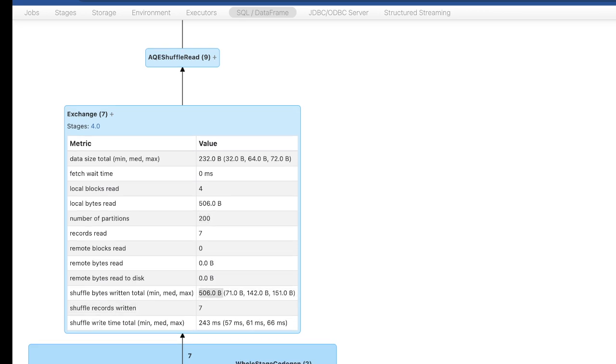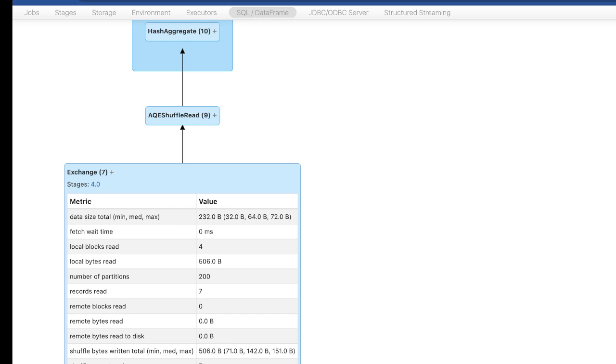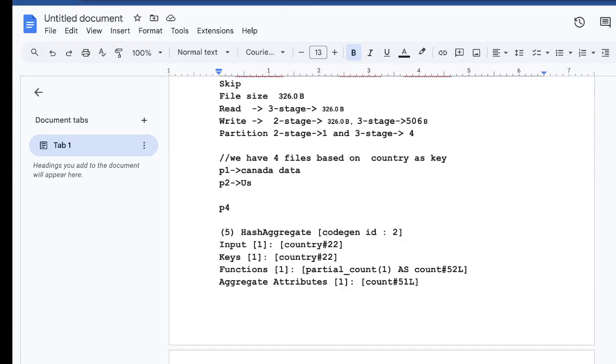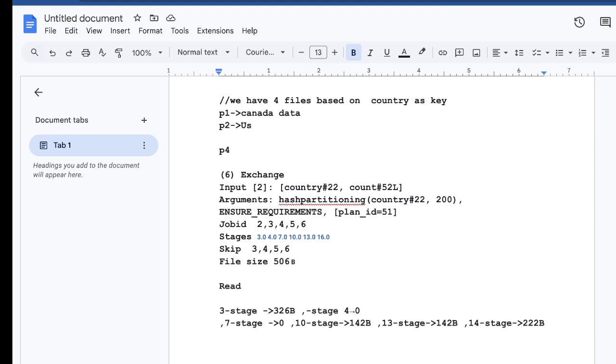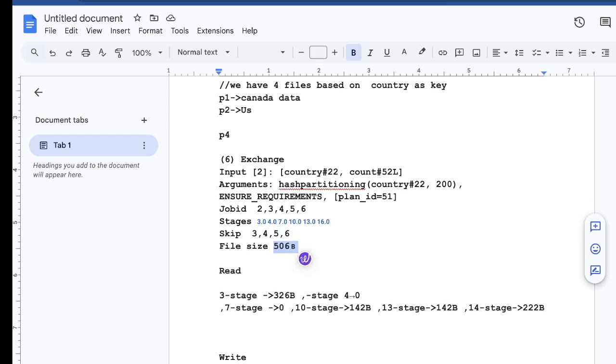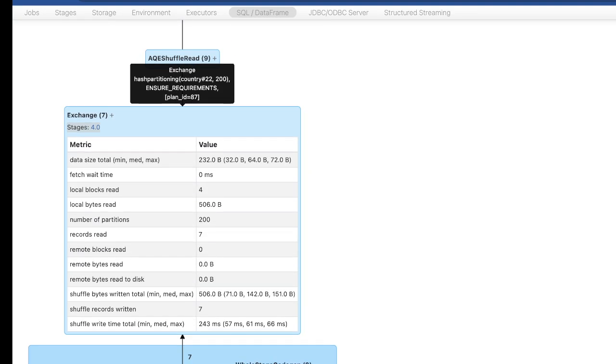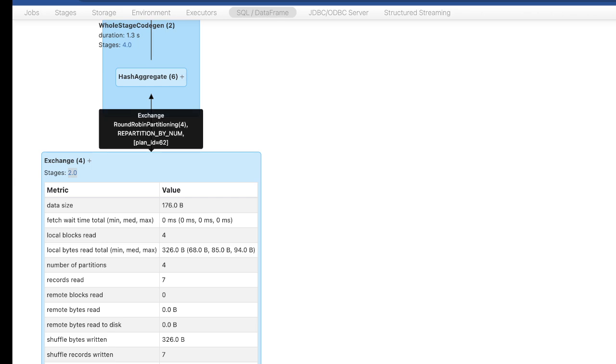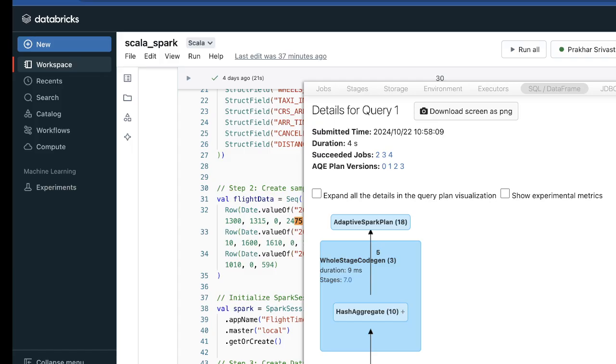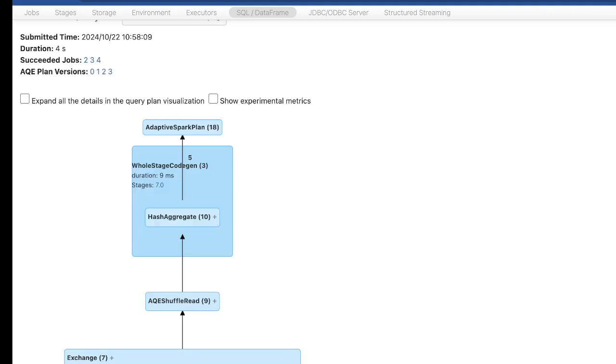This is small and sorted. Instead of creating multiple stages for exchange, if you look at exchange 6 or 7, so many stages got created, 3 to 16, for the same 506 bytes. This is creating only one partition, which we have just seen.